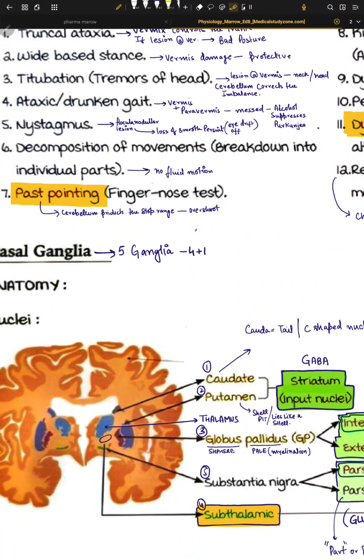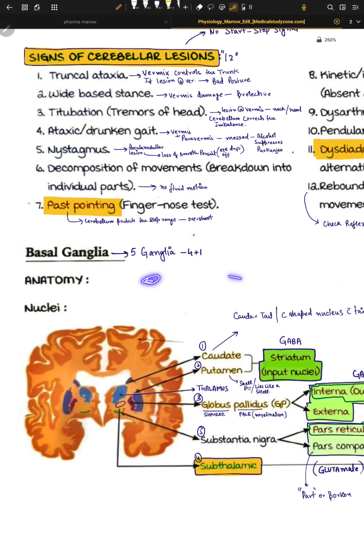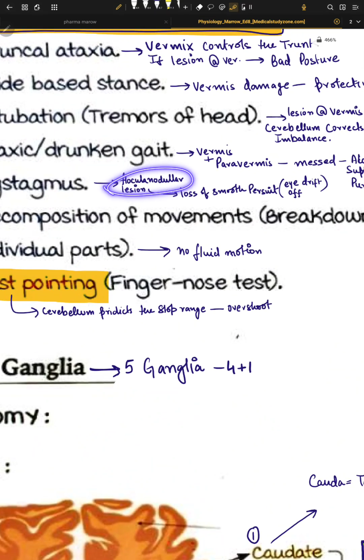What about nystagmus? Well, nystagmus is like when your eyes are going like this. Okay, when your eye movement is going left, right, left, right. Okay, so nystagmus. Well, floccular nodular lesion, because eye is involved. Floccular nodular, loss of smooth pursuit. Smooth pursuit of what? Smooth pursuit of balance. Okay, loss of smooth pursuit, eye drift off. Because imagine you're on a ship, and the ship keeps going left, right, left, right.